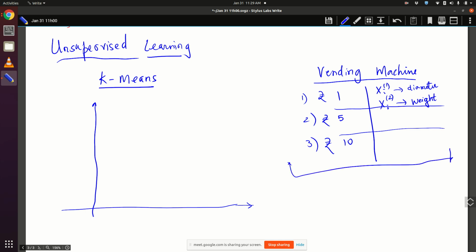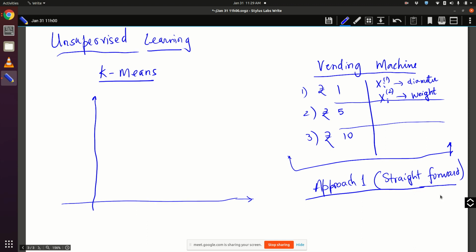So approach one, I would say, not so smart. Okay, so maybe shall I say straightforward. The straightforward approach is to collect hundreds of coins of each denomination.